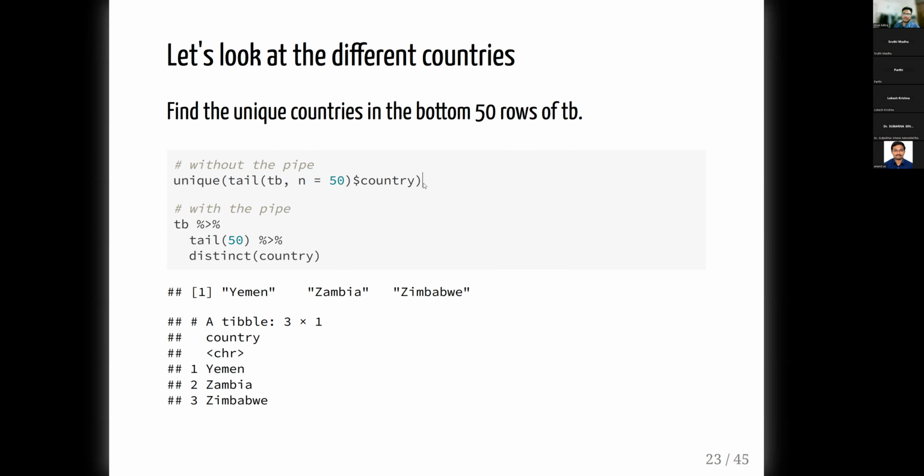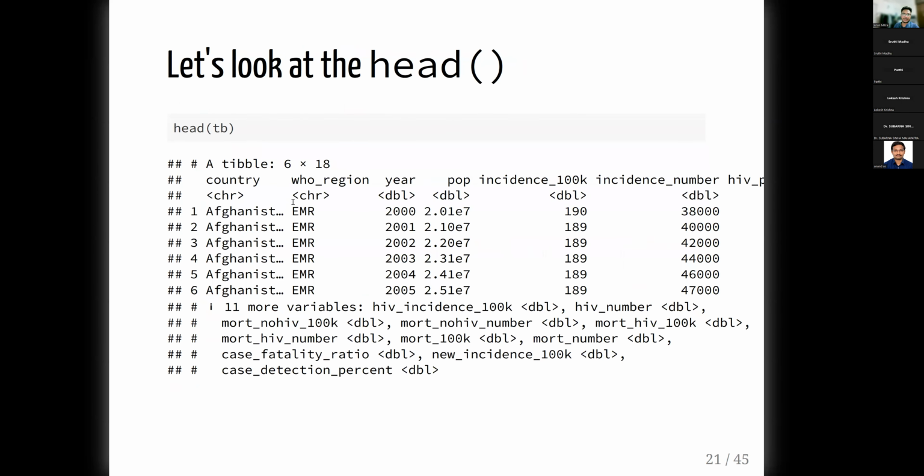The way I do that without using pipe is, I'm going to take the tail of TB. When I said head, how many rows came? The first 6 rows came, because the default n for the function head, if you don't give anything, is 6.